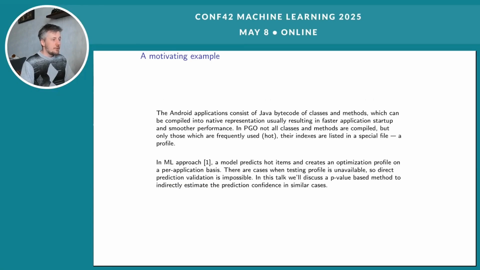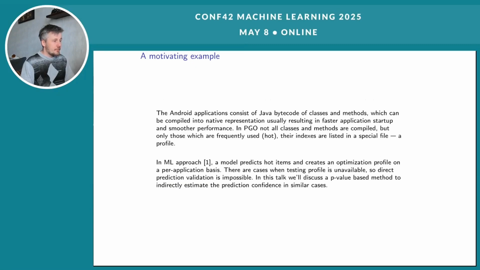Let's give a brief introduction to this method. Android applications consist of Java bytecode of classes and methods, which can be compiled into a native representation, which usually leads to faster application startup and smoother performance. In profile-guided optimization, not all classes and methods are compiled, but only those which are frequently used. They are called hot. Their indexes are listed in a special file, a profile.